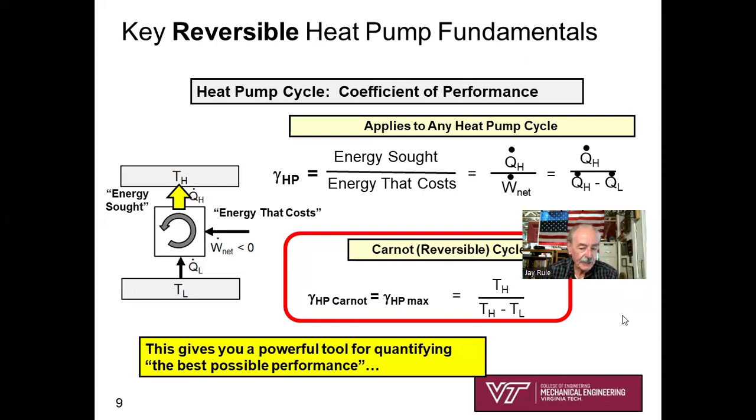And so in your class, you derived, a little bit laboriously, that for a reversible cycle, the temperatures are proportional to the heat transfer. So you can substitute, and for a Carnot heat pump, which is the maximum coefficient of performance you can get, it is simply given by TH over TH minus TL. And you see that you don't have to commit that to memory because you can sort of derive this. You draw a sketch.